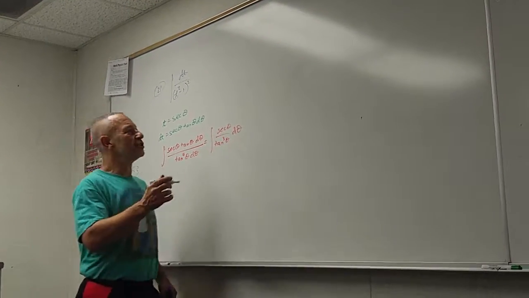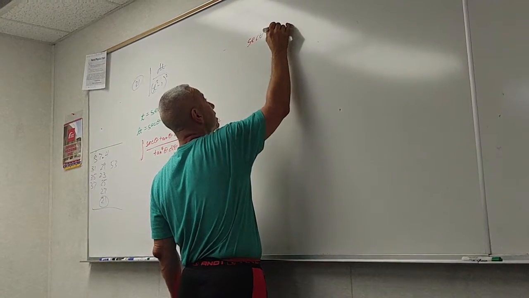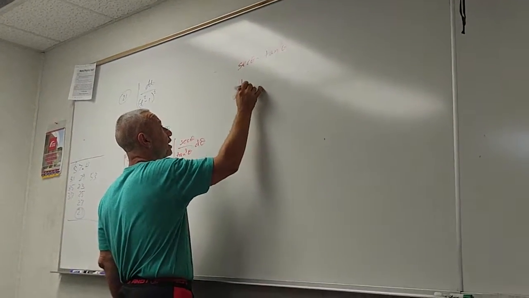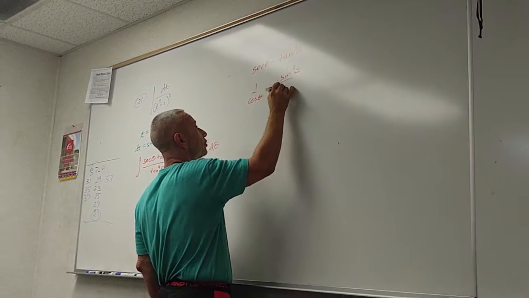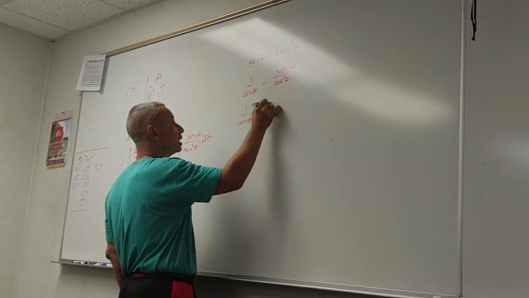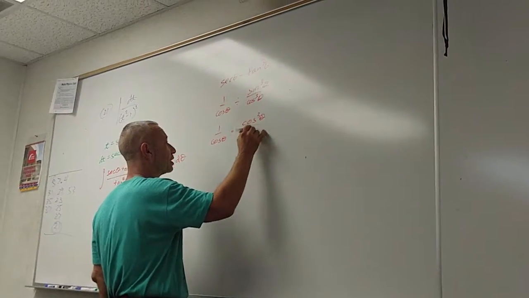So let's go ahead and do it on our scratch paper. We have secant theta divided by tan cubed theta. So that's 1 over cosine theta divided by sine cubed theta over cosine cubed theta. So 1 over cosine theta times cosine cubed theta over sine cubed theta.